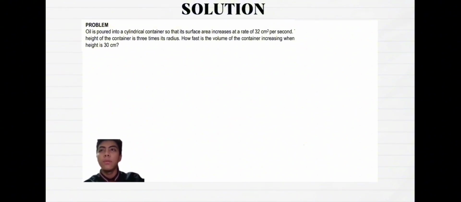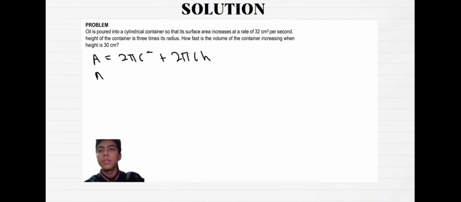And now we need to find the value for dV/dA. We need to know that the formula for the area of a cylinder is A equals 2 pi r squared plus 2 pi r h.